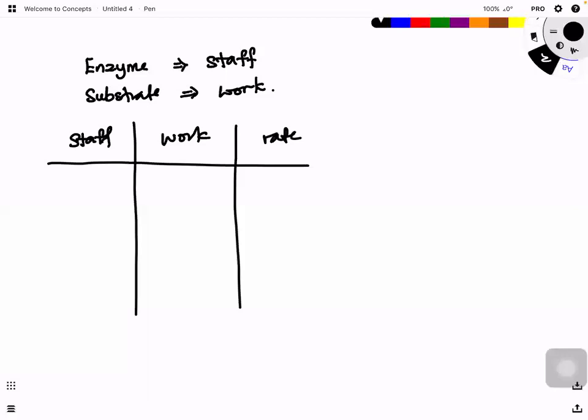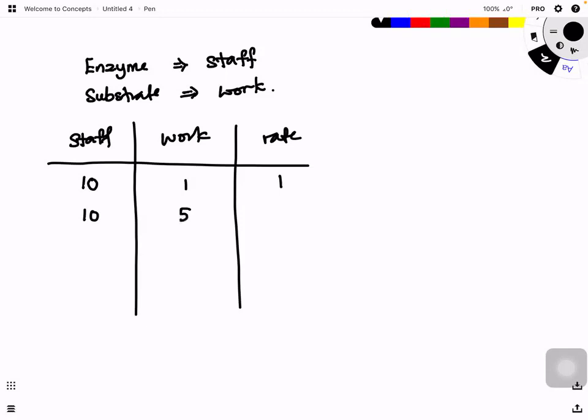Okay, so let me show you the example now. So you look at this now. Let's say I have 10 staff, but I only have 1 work. So you can see that now the rate will be lower because at this moment, I only have 1 staff doing work, the 9 of them are looking at this one. So the rate will be 1. But if let's say the staff still remain the same, I don't change the staff number, but I try to find more work.